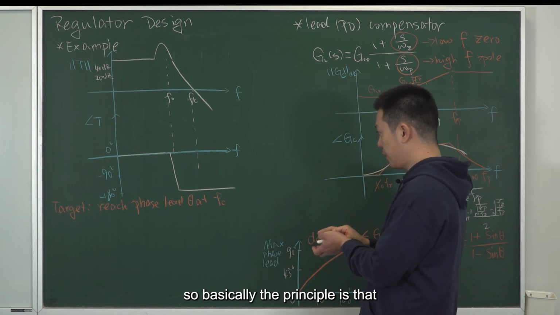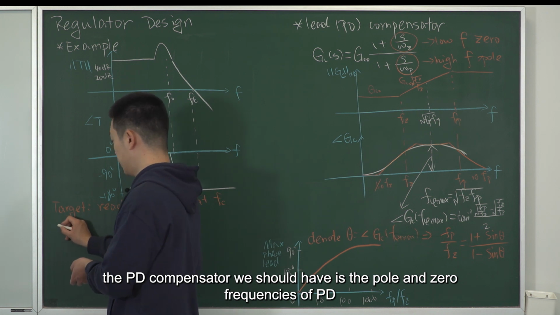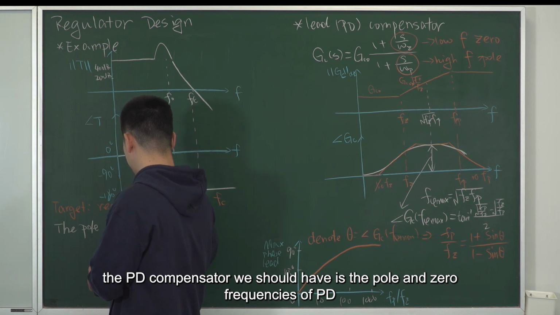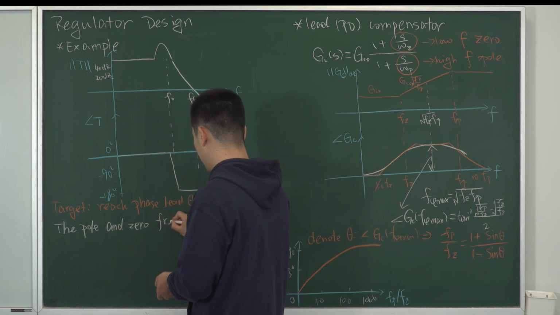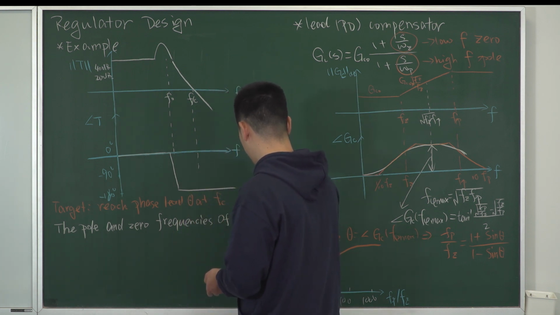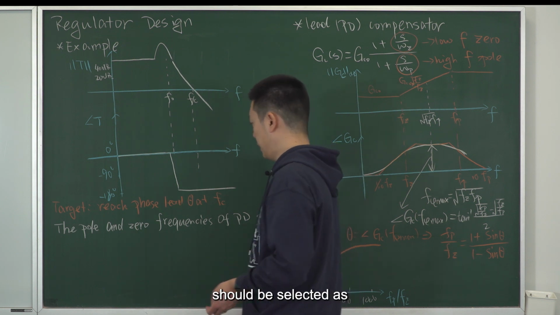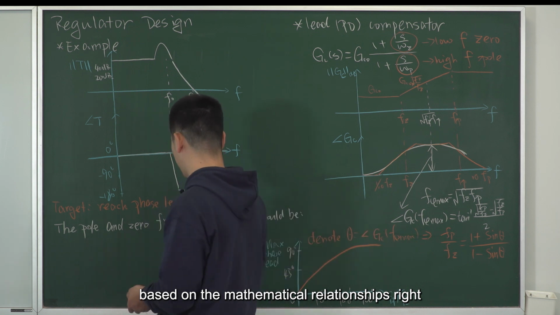So basically, the principle is that the PD compensator's pole and zero frequencies should be selected based on the mathematical relationships, right?